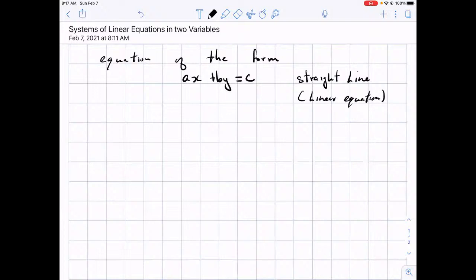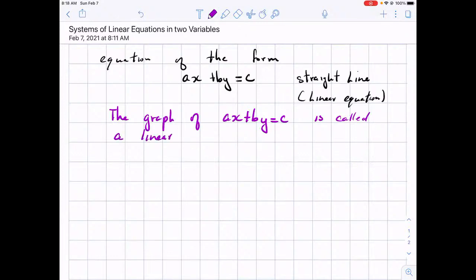Okay? So if you look at the graph of ax plus by equals c, it is called a linear equation. Two linear equations together form a linear system of equations.